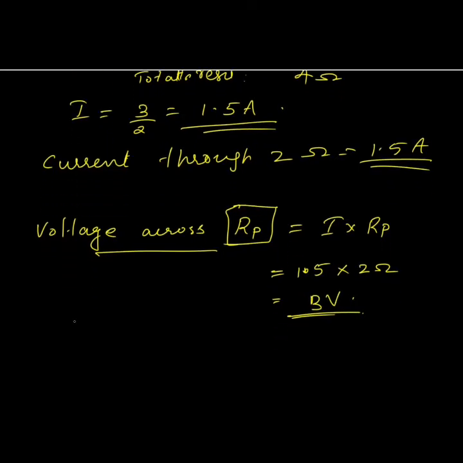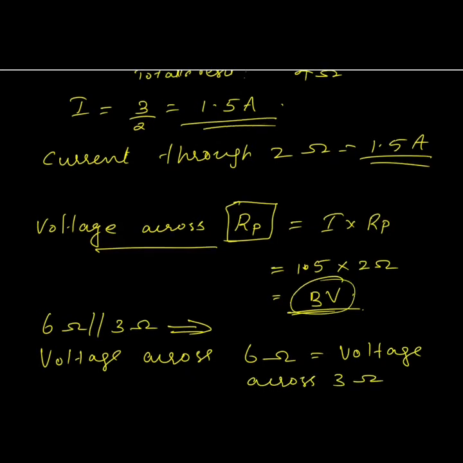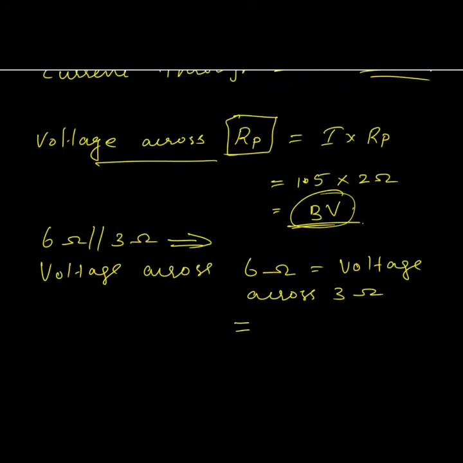Okay, so since 6 ohm and 3 ohm are in parallel, the potential difference across 6 ohm is equal to the potential difference across 3 ohm. So you got the voltage across 6 ohm and 3 ohm, and it is equal to 3 volt. Therefore it is easy to find the current.